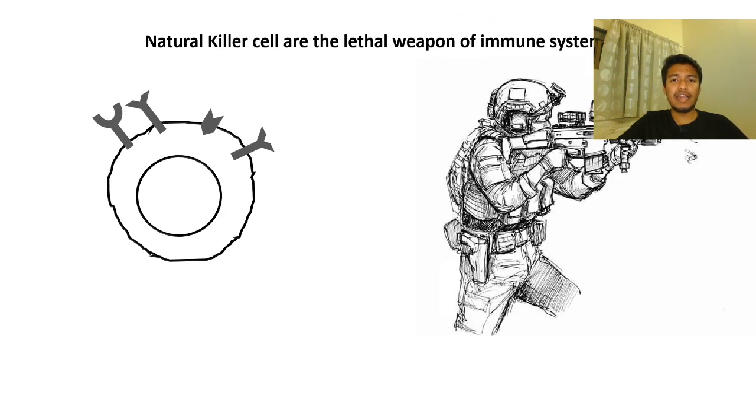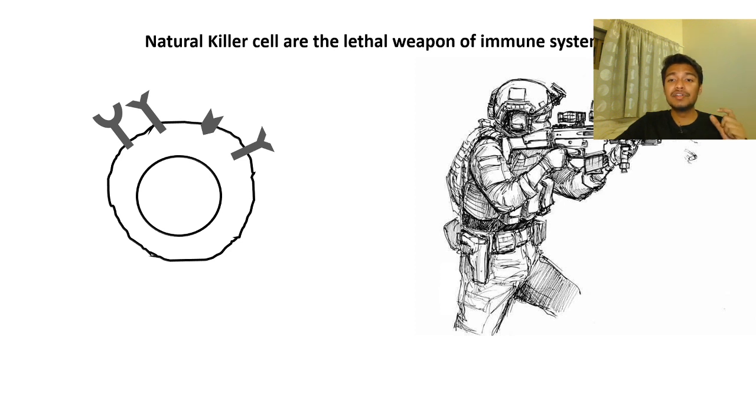Now we talk about the natural killer cells. They generally are the lethal weapon of the immune system, because what they do is kill. They are born to kill. Their default fate is killing. They engage anybody and try to kill unless that particular cell says, okay, I have a specific reason not to kill me because I'm your body's cell, I'm your self cell.